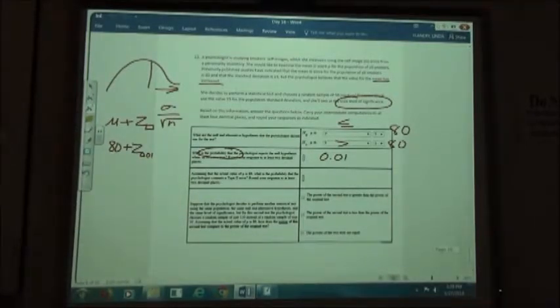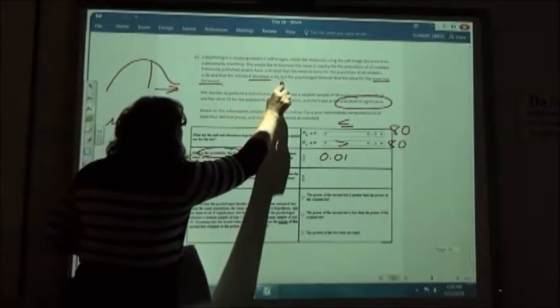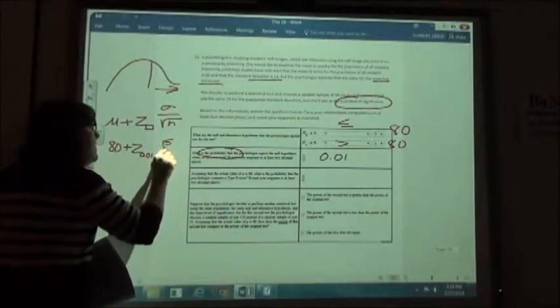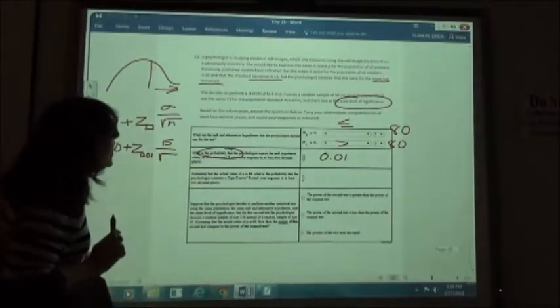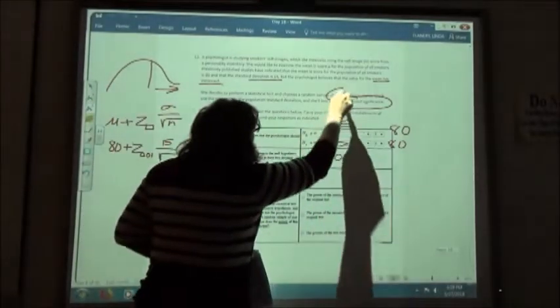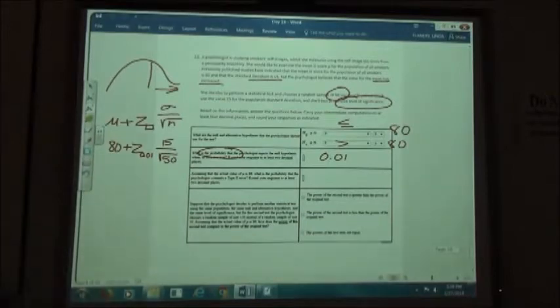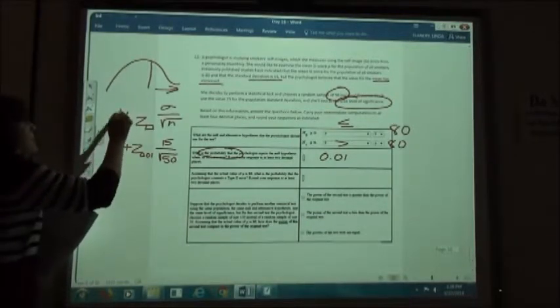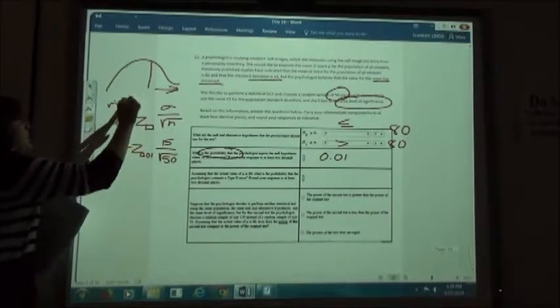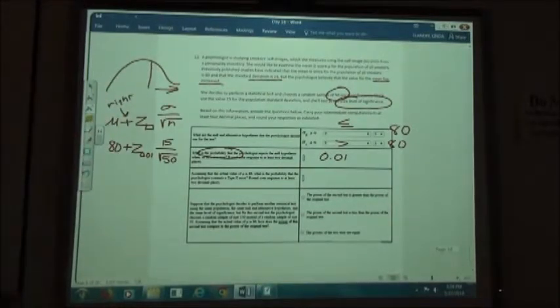My standard deviation is 15, and my n, I sampled 50 smokers, so square root of 50. Punch all of that in to find our first number, but we have 3 steps to get to the end.